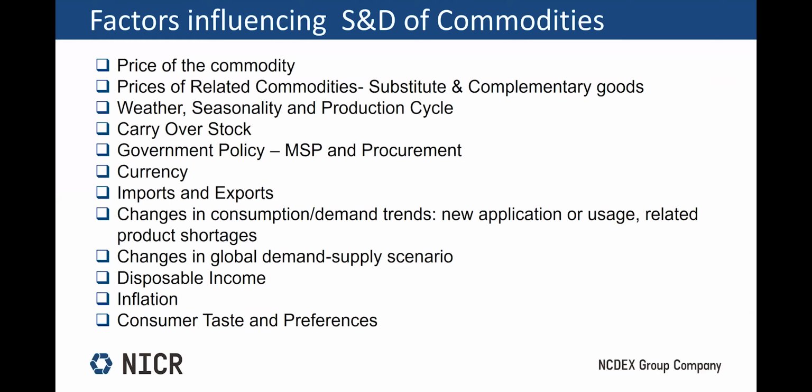We need to understand the weather, seasonalities, carryover stock, and government policies, as we talked about in the previous slides. All these factors need to be studied, especially at a macro level, to understand how supply and demand are going to be influenced, and ultimately all these factors get reflected as a price change.